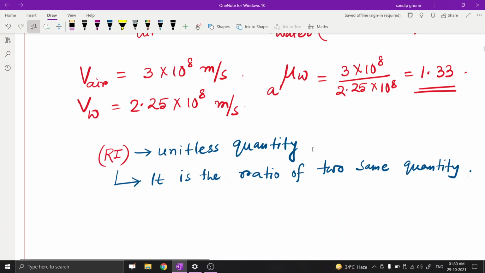Now the question is, what are the rules of refraction? If light travels from water to air, in which direction does light bend? And if light travels from air to water, or air to diamond, or air to glass, in which direction does light bend? Is there any rule regarding this?